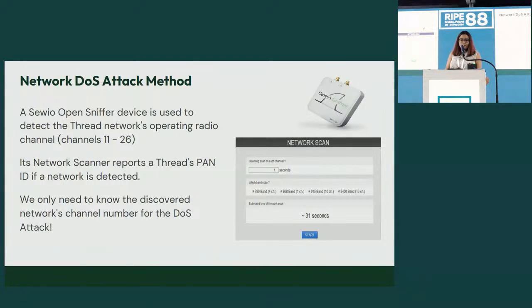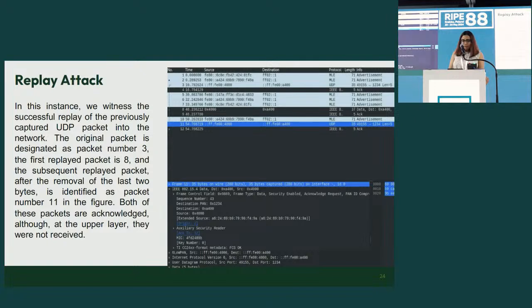After a few seconds, this device was able to tell us which channel my Thread network is sending packets on. We figured out that most of the time my Thread network is sending packets on channel number 15.